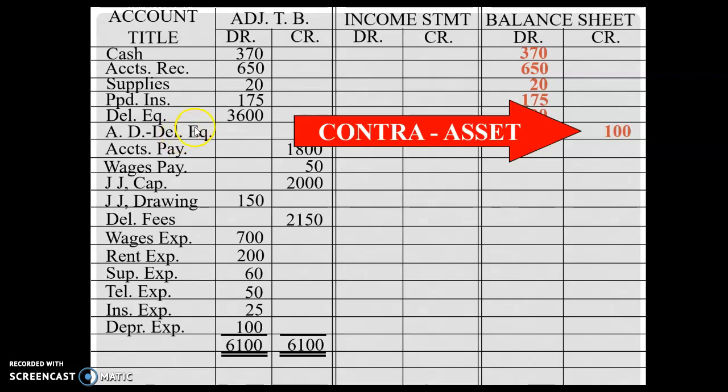It is an asset, but it has an opposite balance. So contra means opposite. So it is attached to the delivery equipment asset, but has a credit balance instead. We're just copying it over exactly the same way as it was in the adjusted trial balance, and we're copying it over to the balance sheet section.